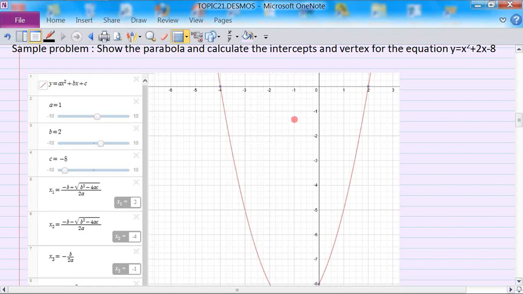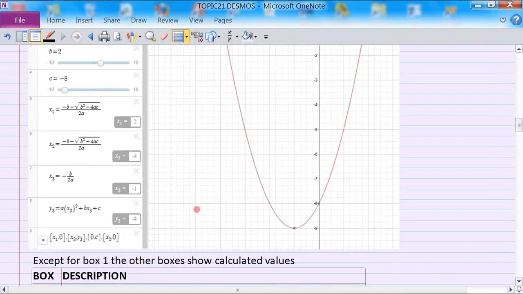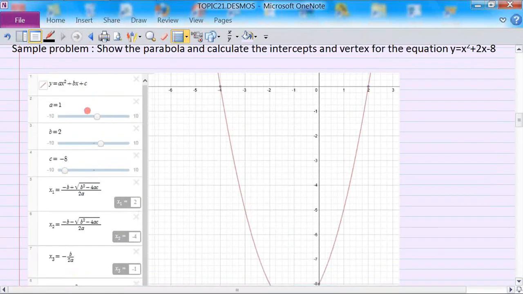There you see x equals minus 1, the line that runs along here. I haven't graphed it, I calculated it. These boxes here show calculated entries. If I see this here, this indicates that it's going to show me a graph.